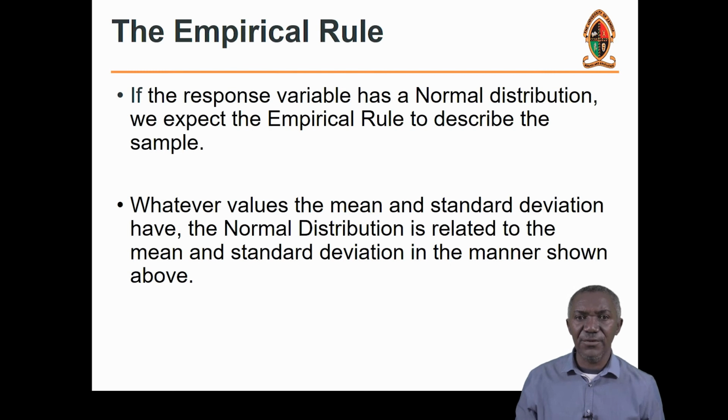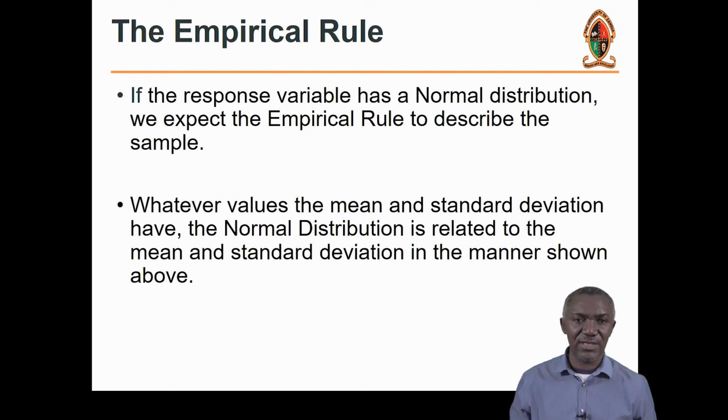So if the response variable has a normal distribution, as I said, you can use the empirical rule to describe that particular distribution. Whatever values the normal distribution and the standard deviation have, the normal distribution is related to the mean and the standard deviation in the manner shown above. So that is the relationship.